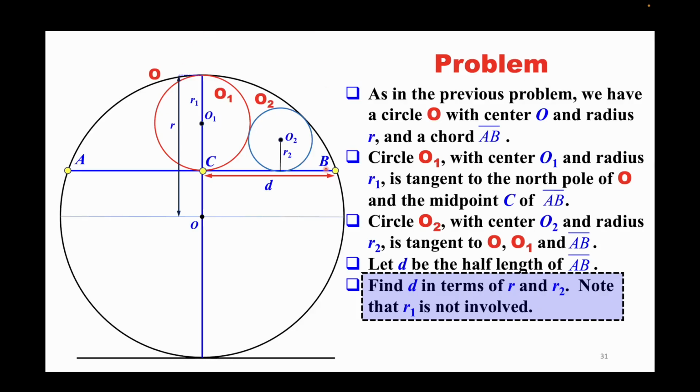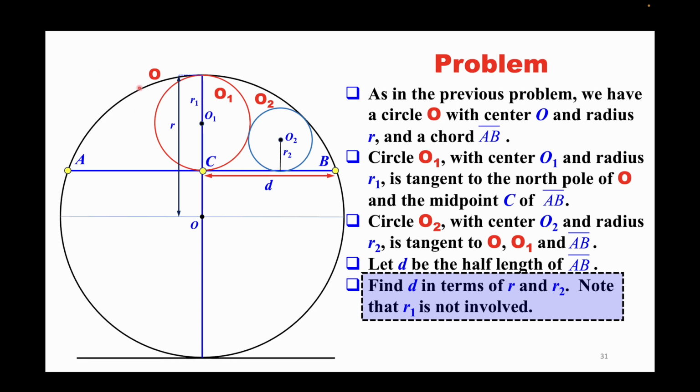As in the previous problem, we still have a big circle O of radius R and a chord AB. O1 is the same, that is tangent to the north pole of O and the midpoint C of the given chord. O2 is a circle tangent to O, the common chord, and circle O1.